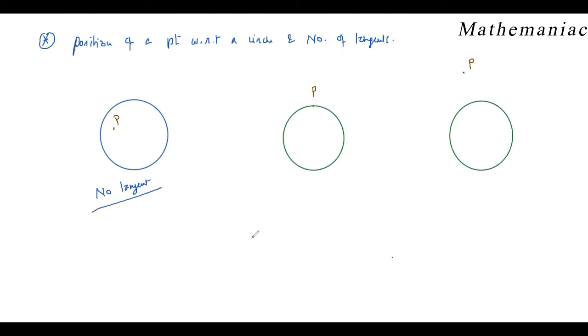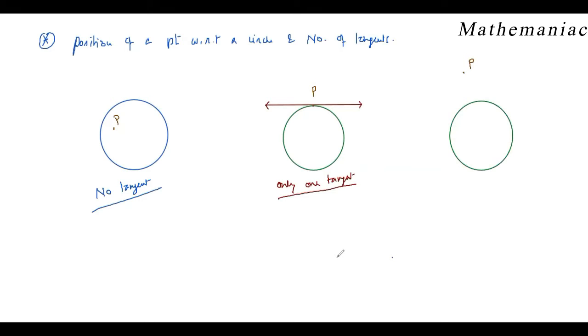But once you have the point on the circle, then exactly one tangent can be drawn at that point. Only one tangent.